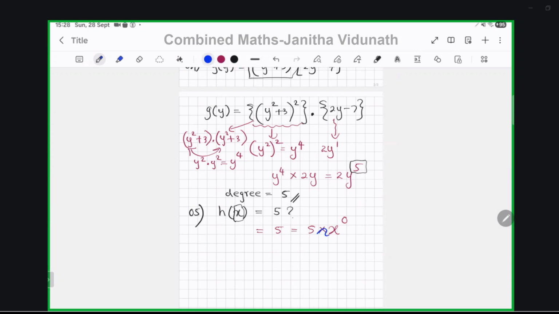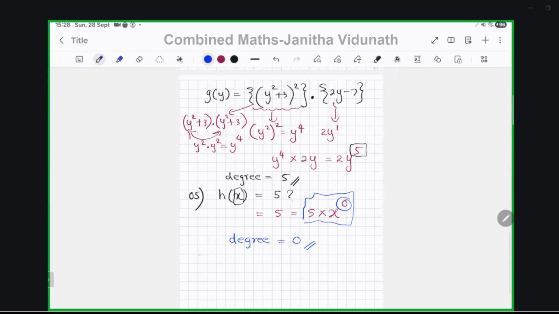Now, this is the only term in this polynomial, and the power of the variable is 0. Then the degree of this polynomial should be 0 because the highest power of the variable is 0. Then the answer for the fifth question is 0.